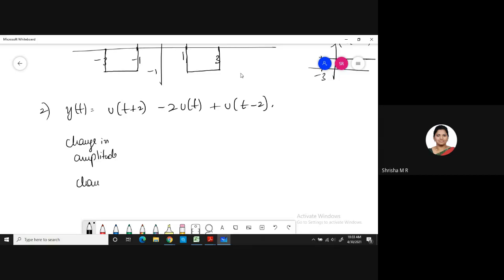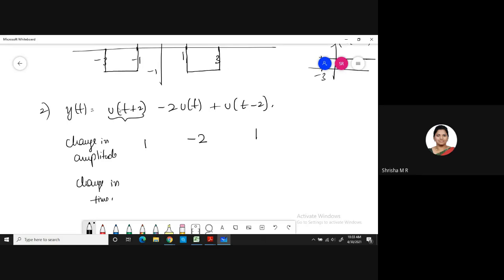change in time. In the first function, what is the amplitude? 1. In the second function, minus 2. In the third function, amplitude is 1. Okay, what is the time instant?